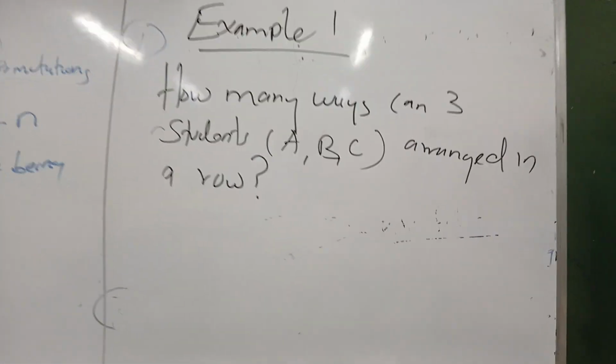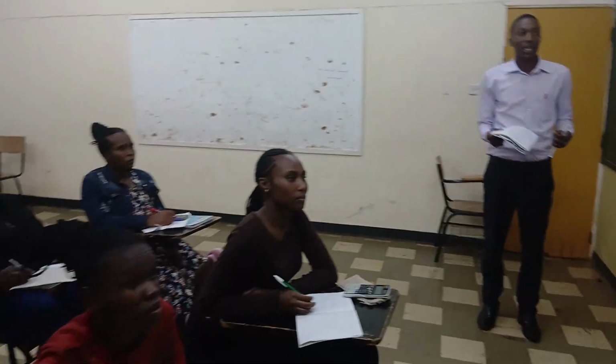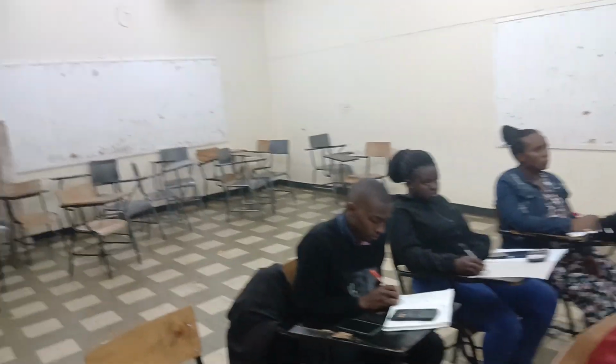That is our example number 1. How many ways can 3 students A, B, C be arranged in a row?